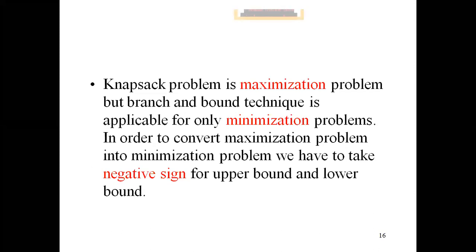In order to convert the maximization problem, the knapsack problem, into the minimization problem, that is branch and bound, we have to take a negative sign for upper bound and lower bound.